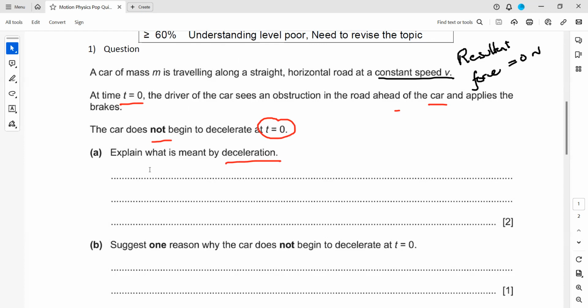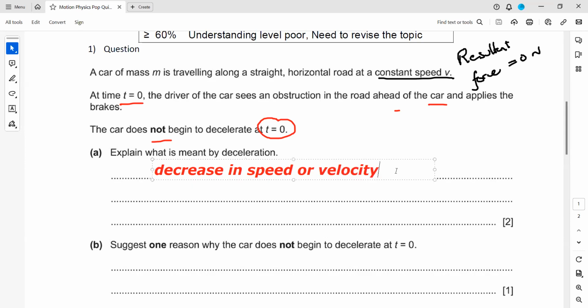The term deceleration means a decrease in speed or velocity. Velocity is a better term because acceleration and deceleration are related to change in velocity rather than only speed. So it is a decrease in speed or velocity in unit time. How much the speed reduces every second, that is known as the deceleration.